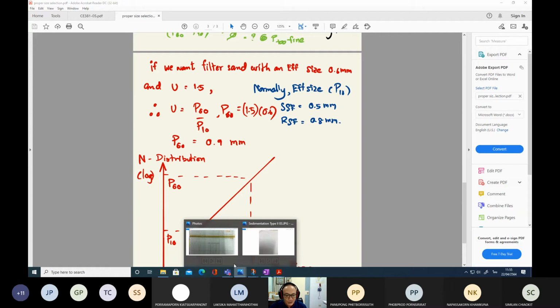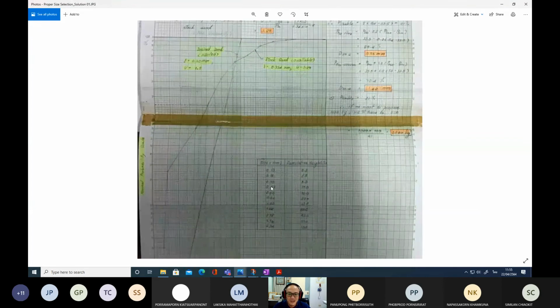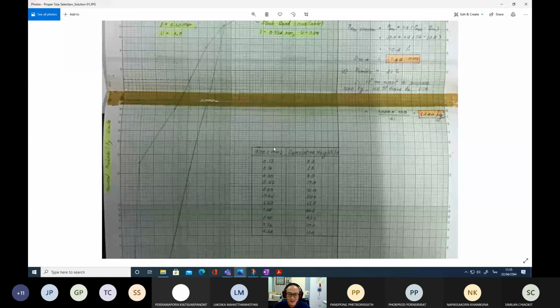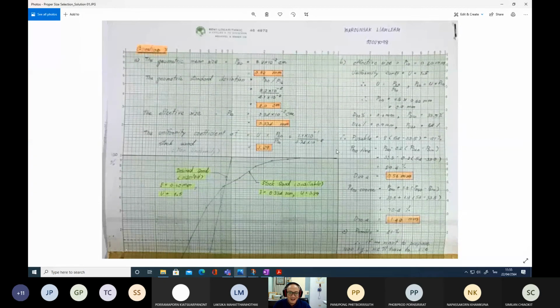Then if you really want to classify, this is probably the example. I think I have already put it in MS Teams. It is the same thing I just tried to explain, but this one is an example.